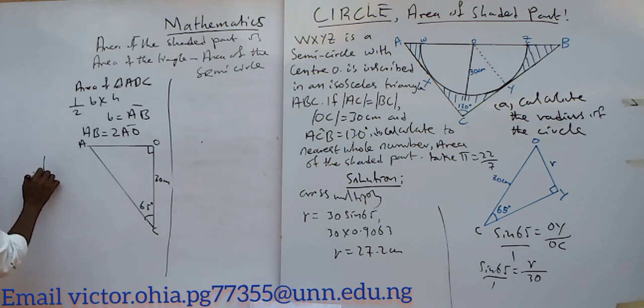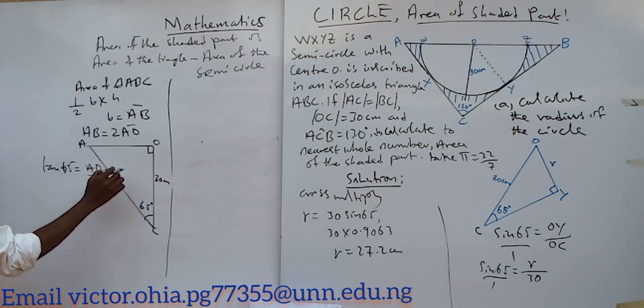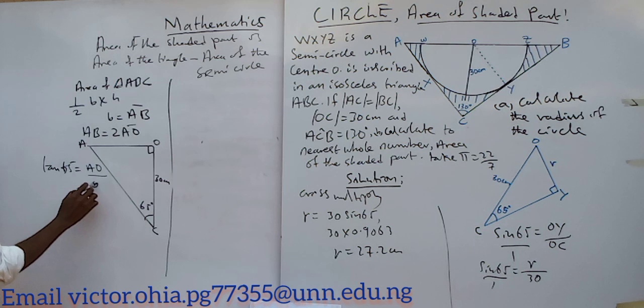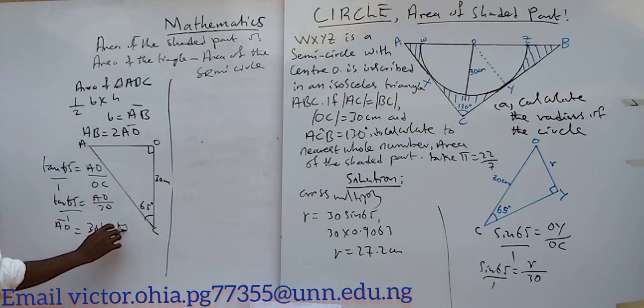So I will say tan 65 is equal to AO, opposite over adjacent, which is OC. So tan 65 equals AO over 30. It then means that AO is equal to 30 tan 65.